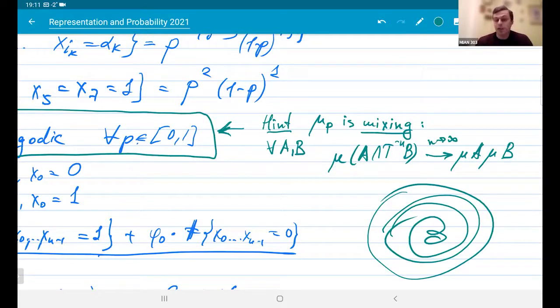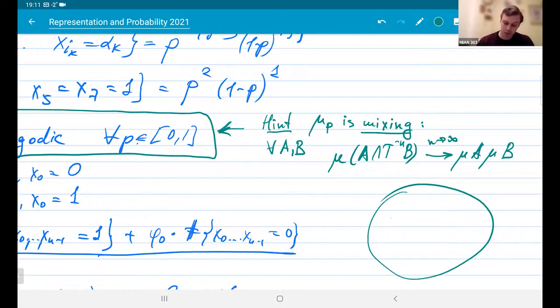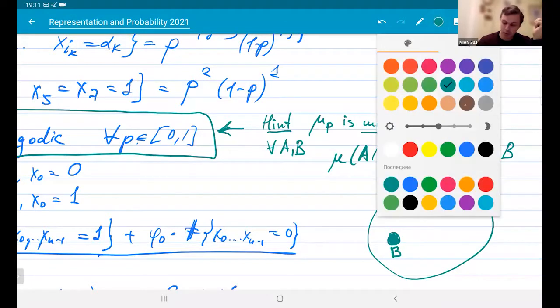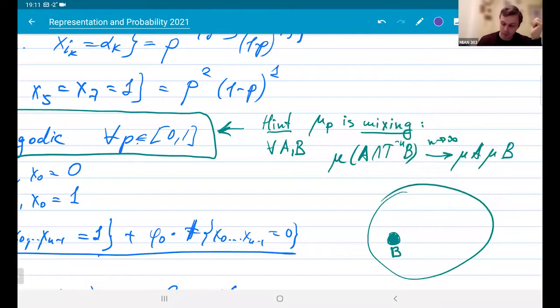And this is exactly what is written here. You start with some B, which is the set of what was painted black. And also you take some A, which is a set that we observe. And then you apply your map.